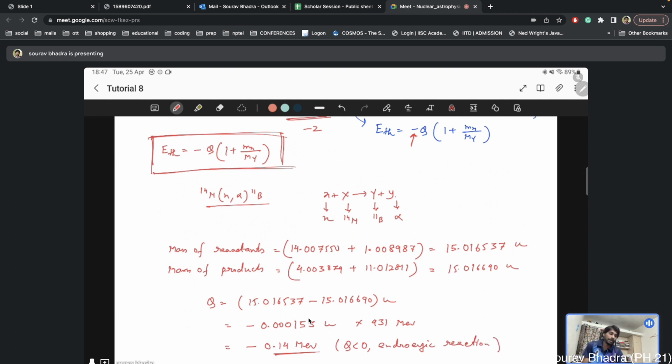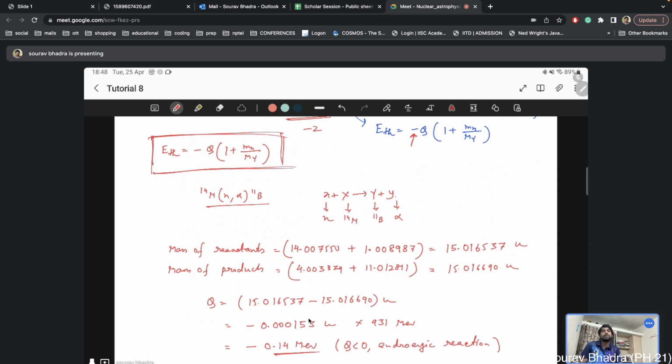It can also be asked like this: you are given an equation and you have to calculate the threshold value of the projectile, but while doing the calculation you get a positive value of Q. In that case there will be no threshold energy; the question is just trying to test whether you have understood it well or not.